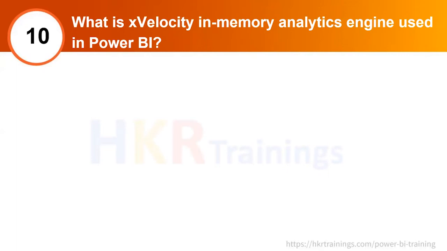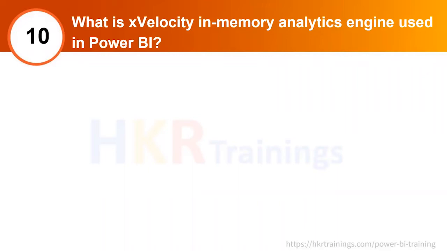The next question is, what is the xVelocity in-memory analytics engine used in Power BI? Power BI will store the data inside the tool in the xVelocity in-memory analytics engine. What does this mean? It will store the data in a compressed format.